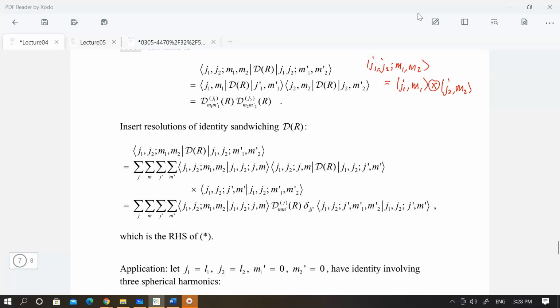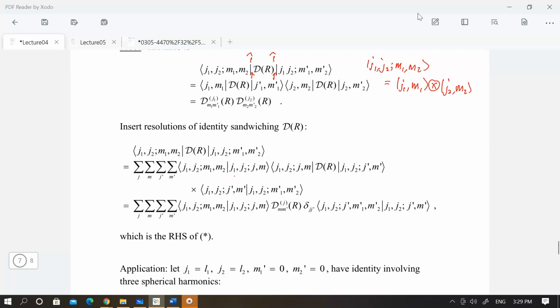And then I'm going to plug in identity operators. I'll put one over here, and the other one over here. Then you can resolve these identity operators, but what we really want is to resolve them using the coupled representation.